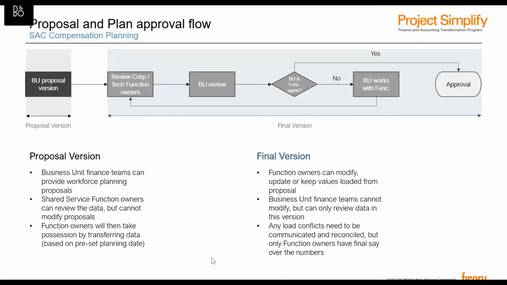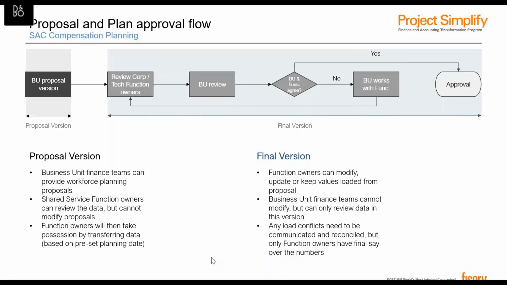And with the proposal being made within a dedicated proposal version, the business unit has the ability to request their numbers at the intersection of their BU, which is an entity hierarchy node, and owner, which is a cost center roll-up. With that intersection defined as their right axis, the business unit is able to propose their numbers.